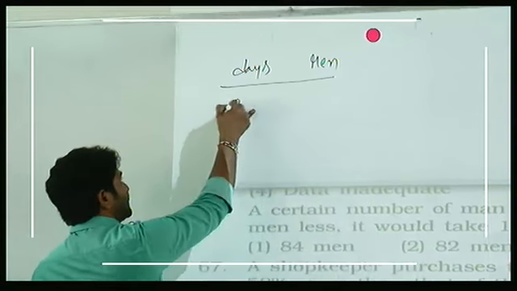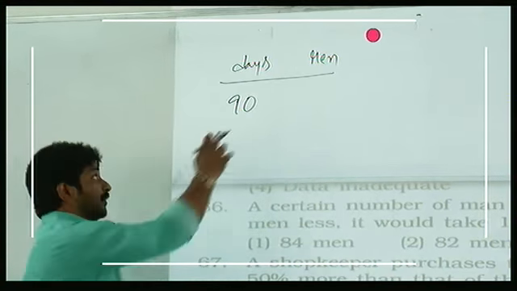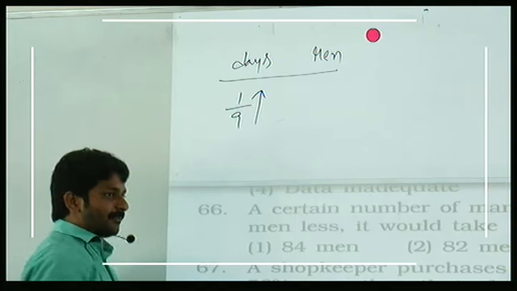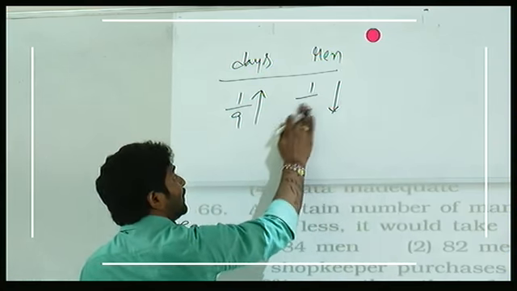Initially it takes 90 days, but now it takes 10 days more. 10 days more than 90, which is 1 by 9. So for an increase of 1 by 9, there should be a decrease of 1 by 10. Increase comes first, followed by decrease. For an increase of 1 by x, there will be a decrease of 1 by x plus 1.